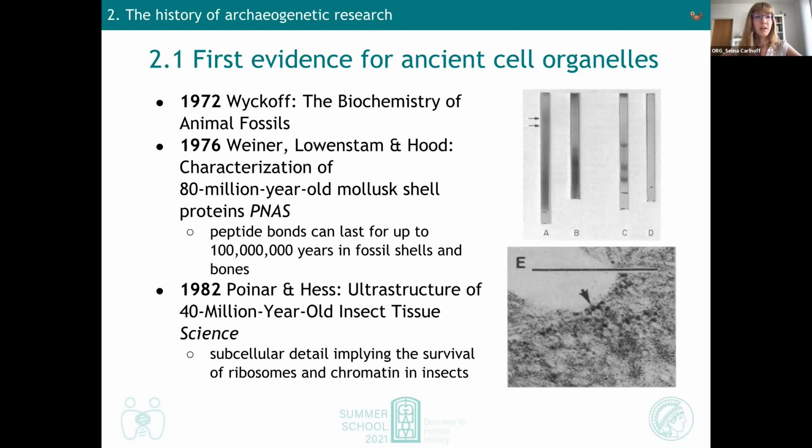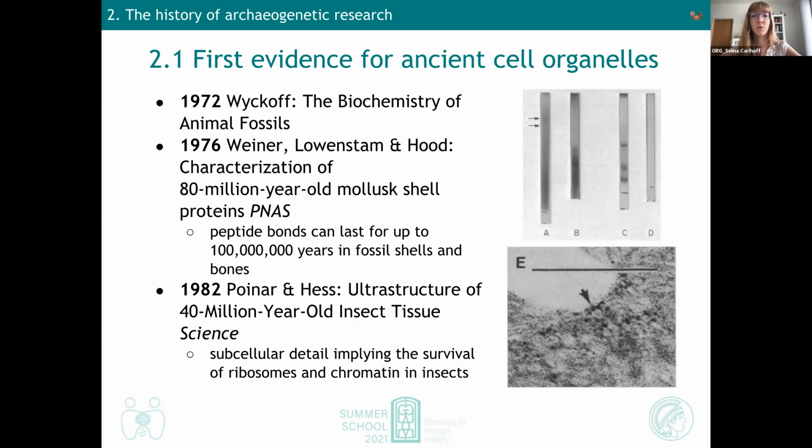It was not until the 1970s that several researchers could show that proteins and organelles in cells would survive in material which was older than 100 million years, or insect tissue which was preserved in amber.